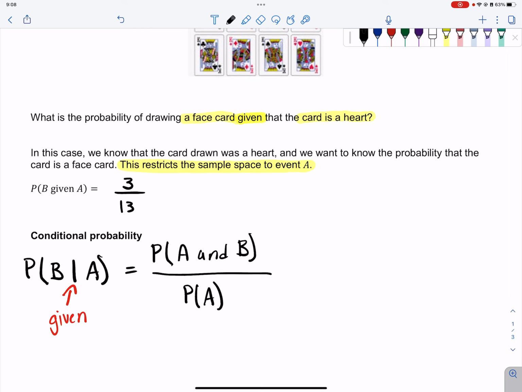But a lot of the times we're not evaluating the probabilities of these, and we like to be able to work with these with just the number of elements in these sets.